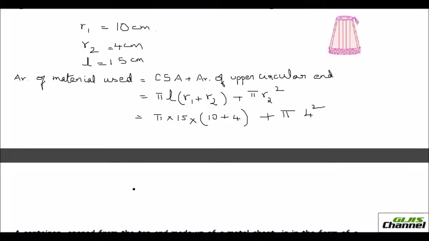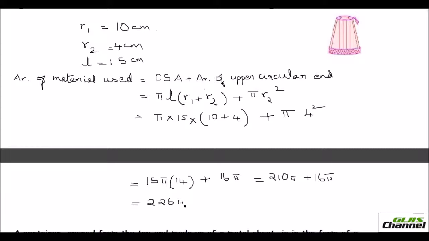Got it? So that is 15 pi times 14, plus 16 pi. That is equal to 210 pi plus 16 pi, which is 226 pi.